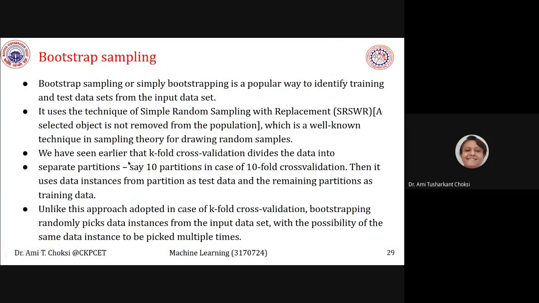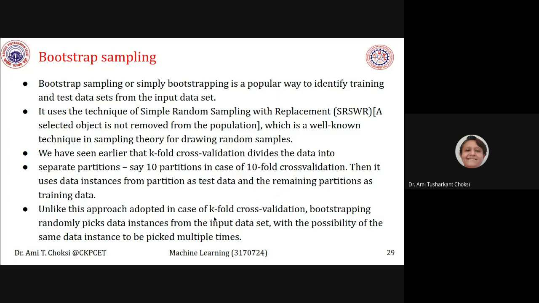We have seen earlier that k-fold cross validation divides the data into separate partitions, say 10 partitions in case of 10-fold cross validation. Then it uses data instances from one partition as test data and the remaining partitions as the training data.